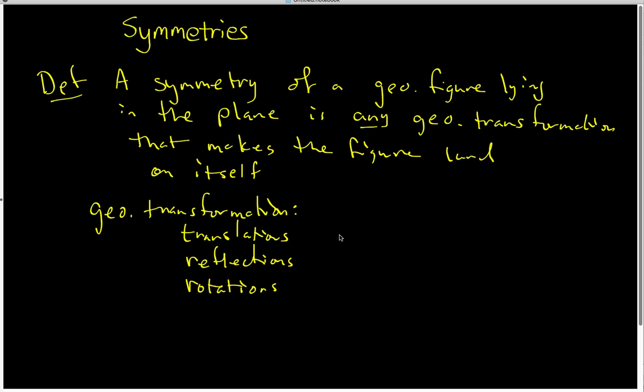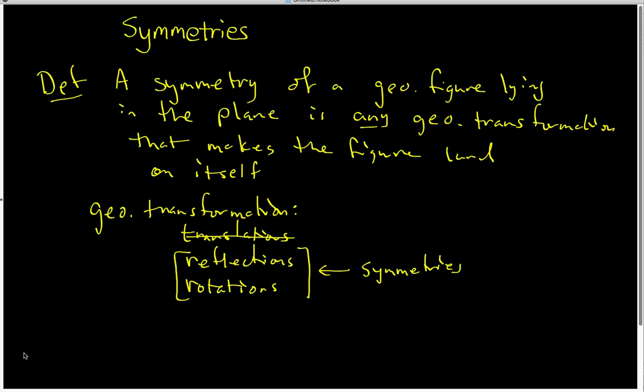Now, a translation, since it actually moves things, is going to move the whole figure, so translations are not going to be of any interest. Our symmetries are going to always be able to be understood in terms of reflections and rotations. So these are the things that are going to give rise to symmetries.